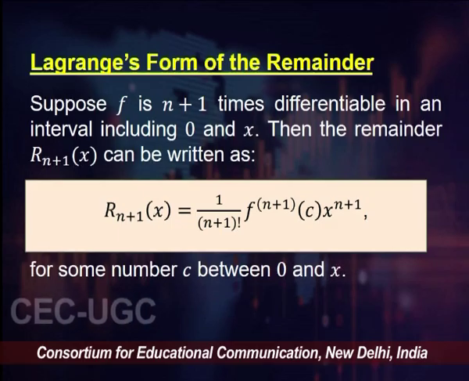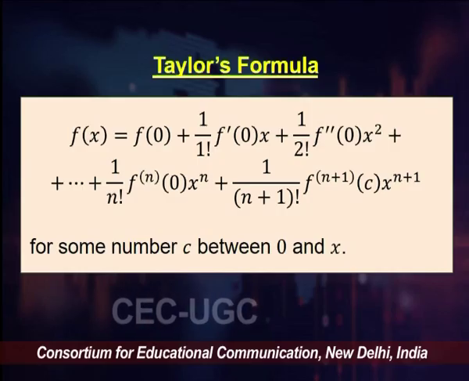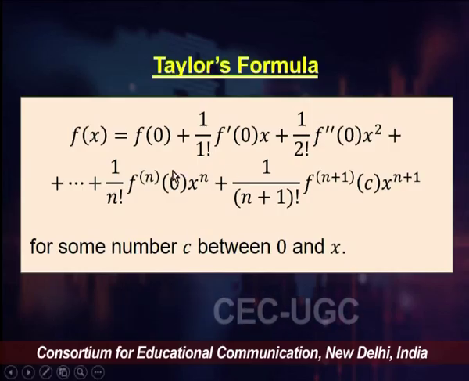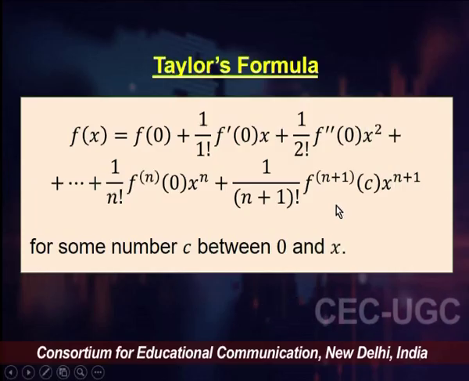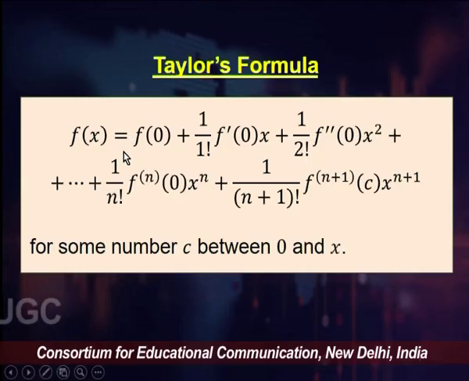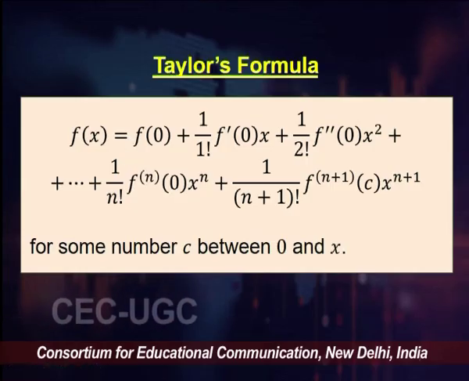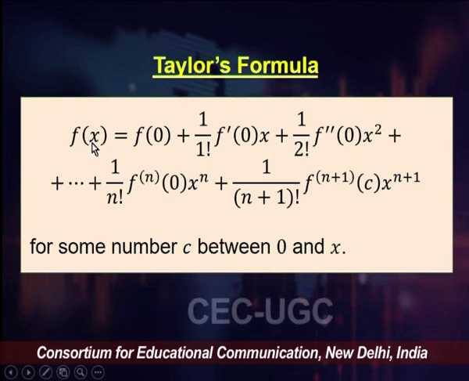So, if we now incorporate this remainder into the function, if we substitute this expression for R_{n+1}(x), this then gives us the Taylor's formula. So, here it enters your Taylor's formula, which is the focus of our discussion today.